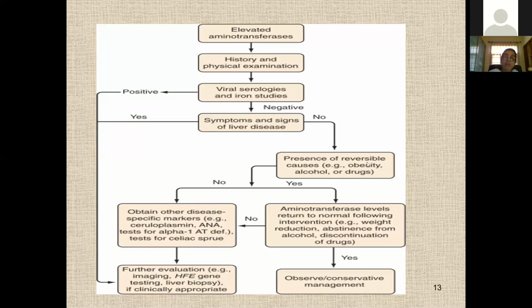And if you think that the patient is obese, diabetic, then you have to think in terms of NAFLD, and then you also inquire about the drug intake history. And sometimes, if there is mild elevation in LFTs, you have to observe and repeat serial LFTs.